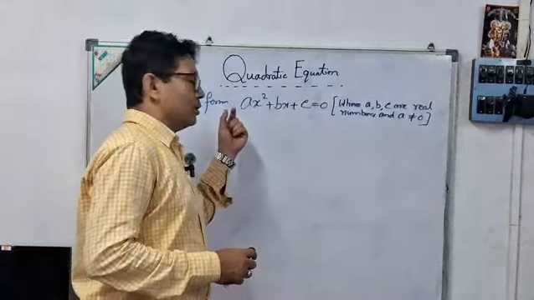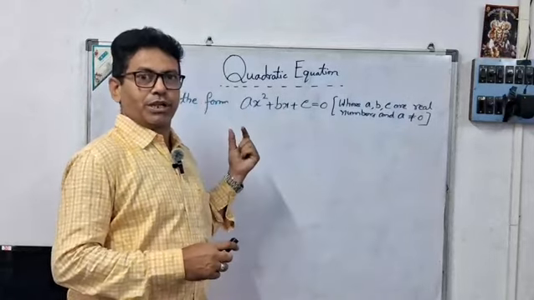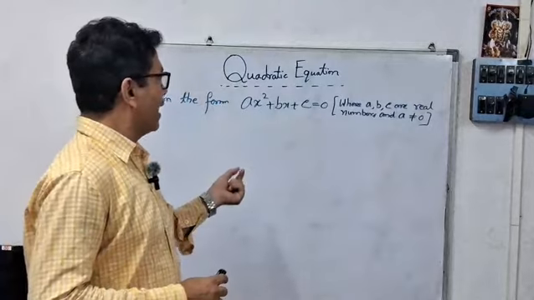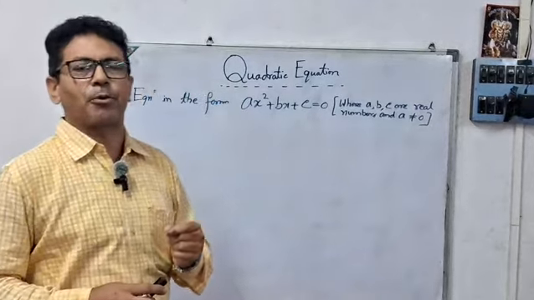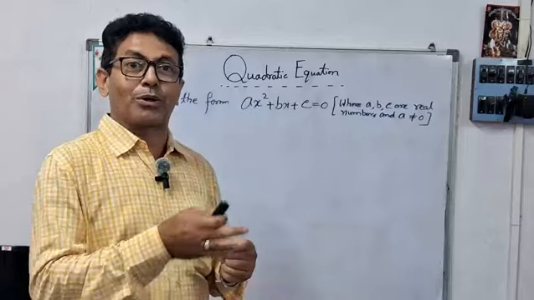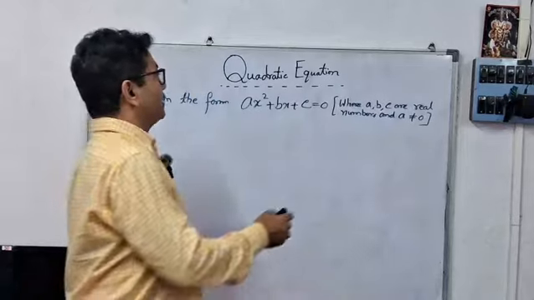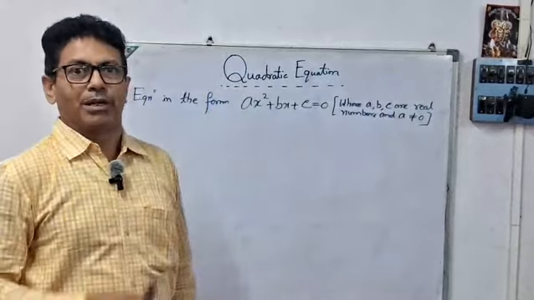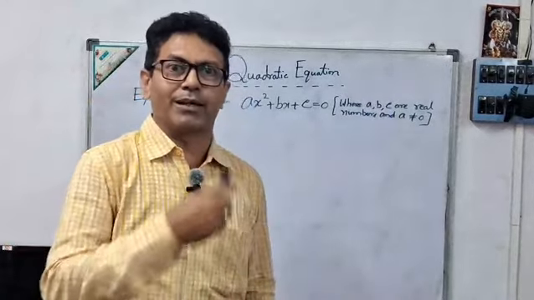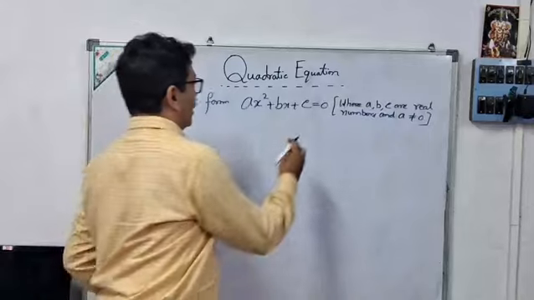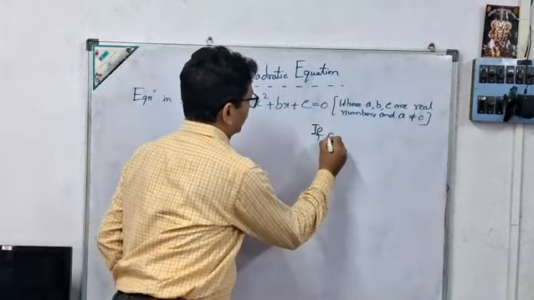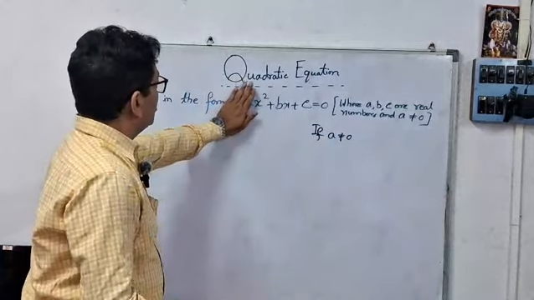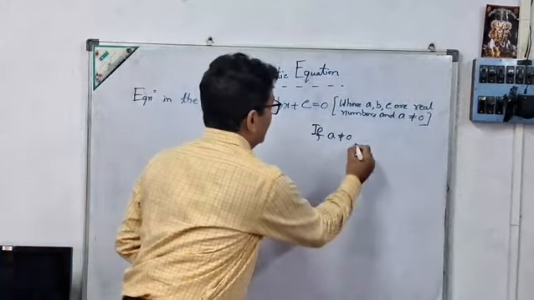Now, what question will you get? We have to find the zeros or roots of the quadratic equation, and some specific conditions are provided, and because of the conditions, what will be the result? Here it is written that a, b, c are real numbers and a not equal to 0. But if a is equal to 0, then 0 into x square becomes 0, and that becomes a linear equation.